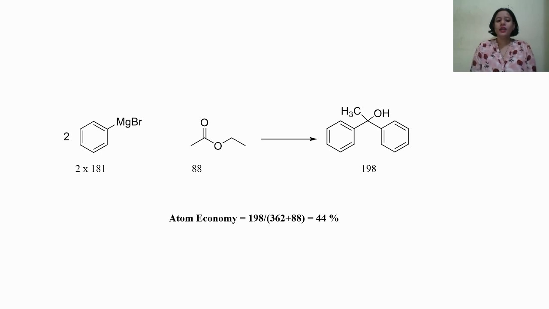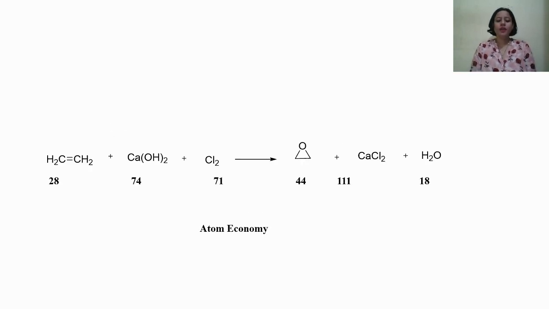So we can say, though in a Grignard reaction the yield is very high, the atom economy is less because of the byproducts or the waste generated. This is another example, the synthesis of epoxide. In this case, the desired product, epoxide, has molecular weight 44, but the reactants ethylene, calcium hydroxide, and chlorine have molecular weights 28, 74, and 71.